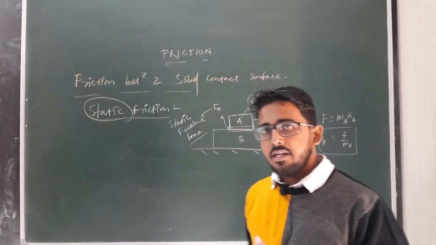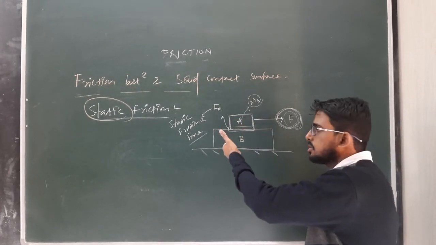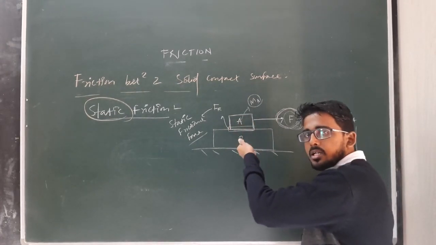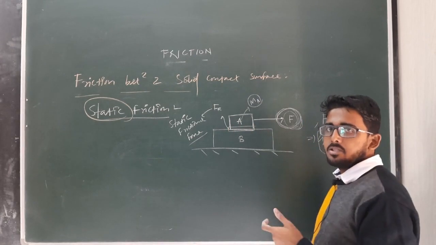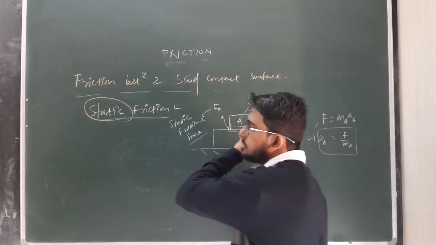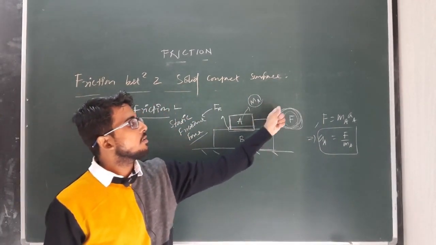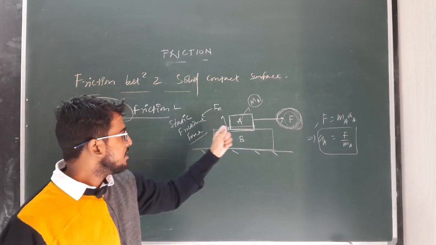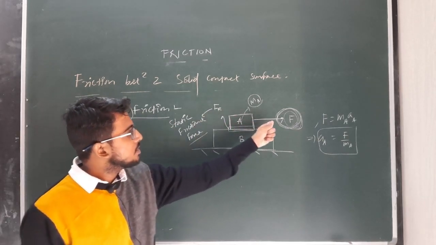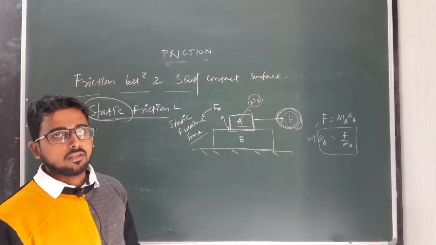Previously we studied what is kinetic friction. There is already relative motion, and the force which tries to oppose the relative motion is known as kinetic friction. Kinetic means there is a motion already, but in case of static friction there is no motion. The complete system is at rest even after application of an external force. Then at that instant the force which opposes the effect of this external force is known as static friction.